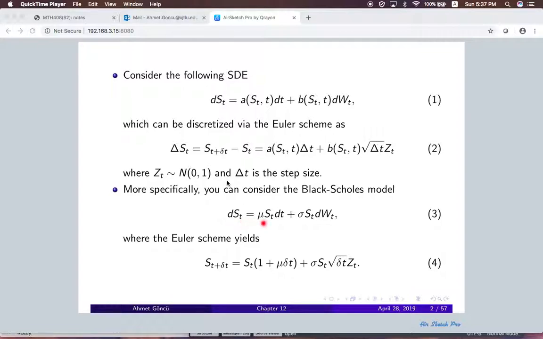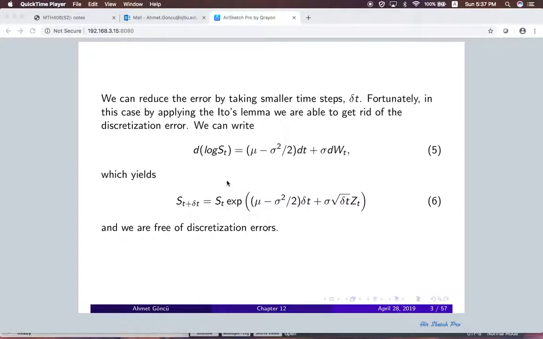Although we can actually calculate the analytical solution for the stock price S_t within the Black-Scholes model, the simple Euler discretization can also be applied in a similar manner. Of course, if we use the simple Euler discretization, we can reduce our error and make our discretization better and better by taking smaller time steps delta t.